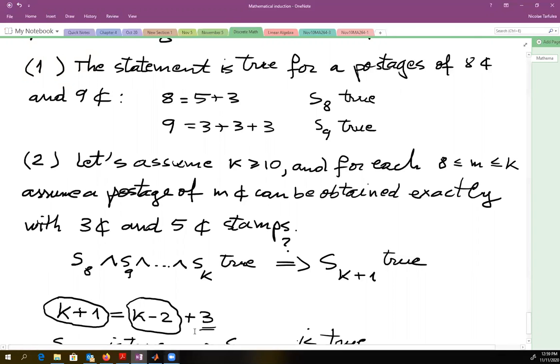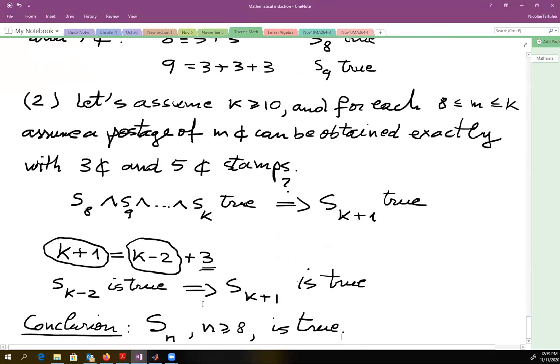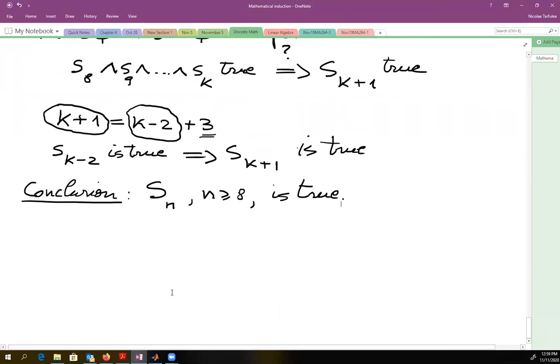Then this argument here is based on S(k minus 2). So S8 doesn't imply S9 directly, right?